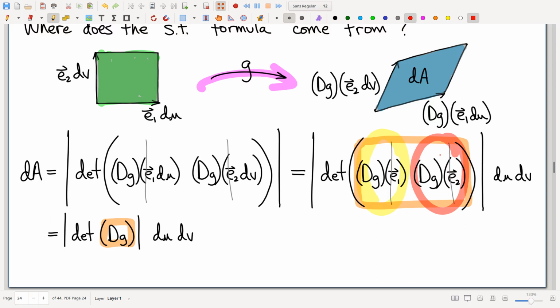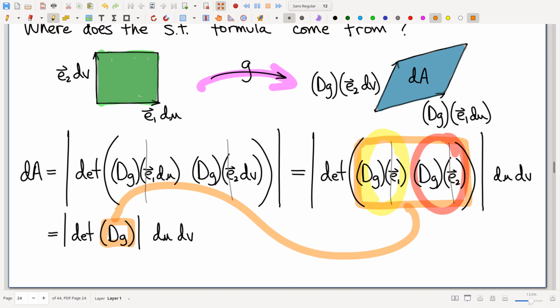Well, that is, this second column is the second column of dg. So again, my orange matrix has the same second column as dg. It's got the same first column, it's got the same second column, it's the same matrix. So this thing here is just dg.